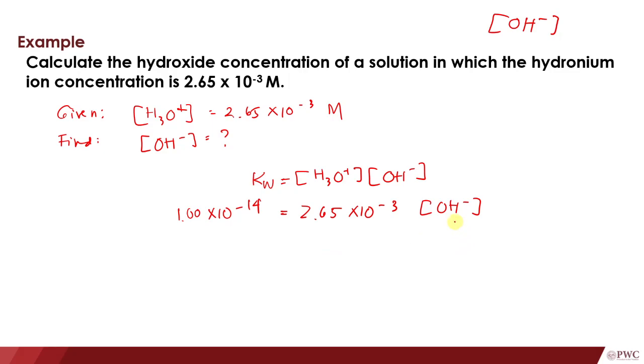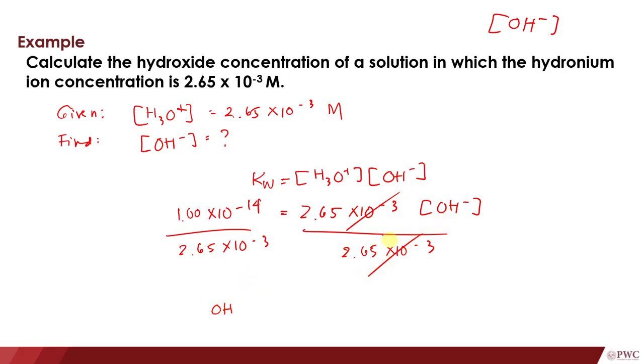So to find the concentration of OH minus, just divide both sides by 2.65 times 10 to the power of negative 3. Of course, we can cancel this one. What's left here is the OH minus. I'm just going to flip this for organization.